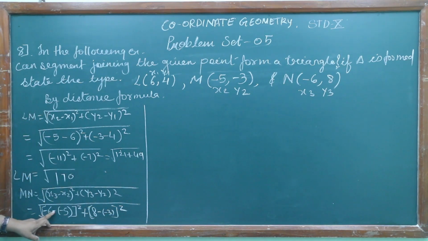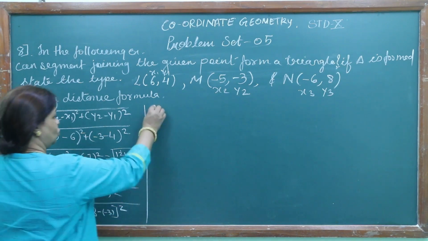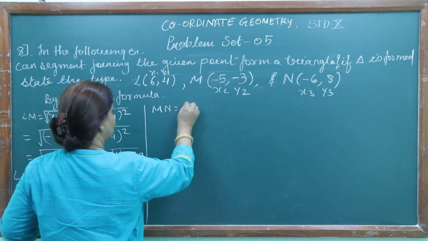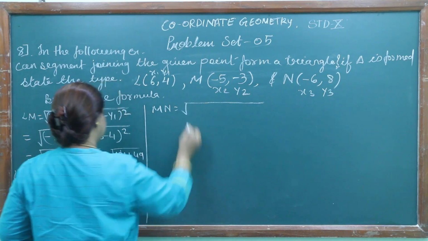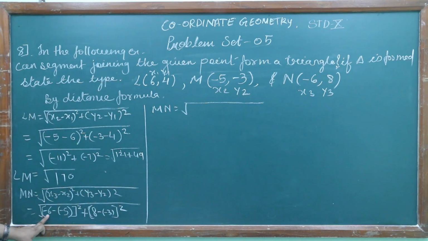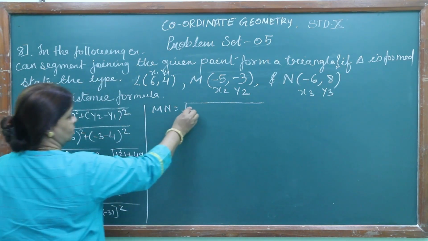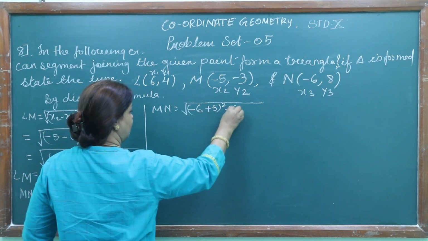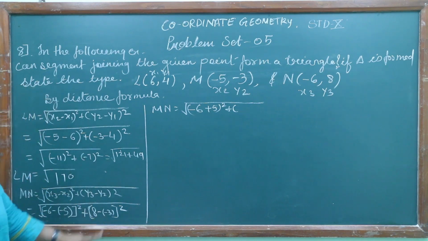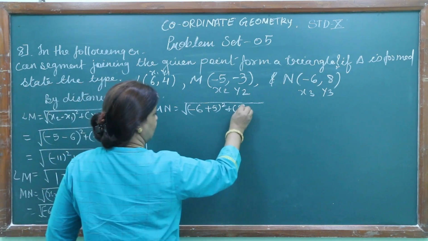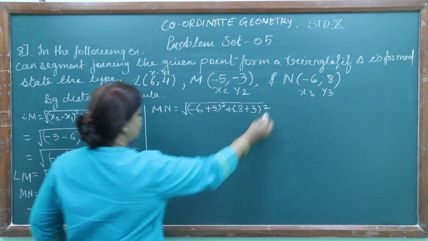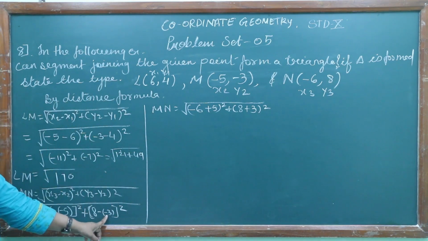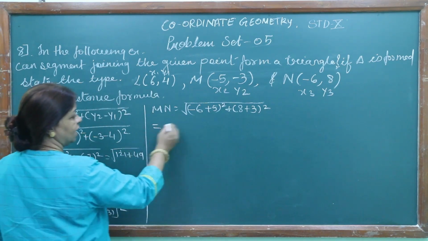Now minus will become plus. So MN is equal to under the root minus 6 plus 5 the whole square plus 8 plus 3 the whole square. See children, minus will become plus. So what are we getting here now?